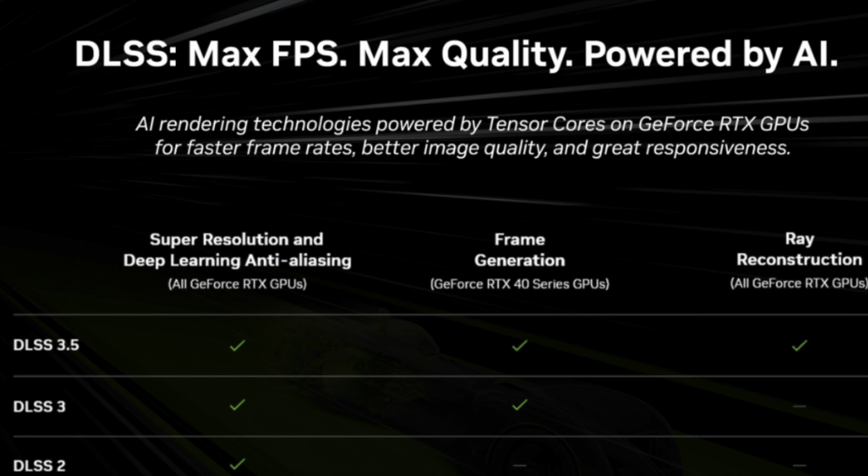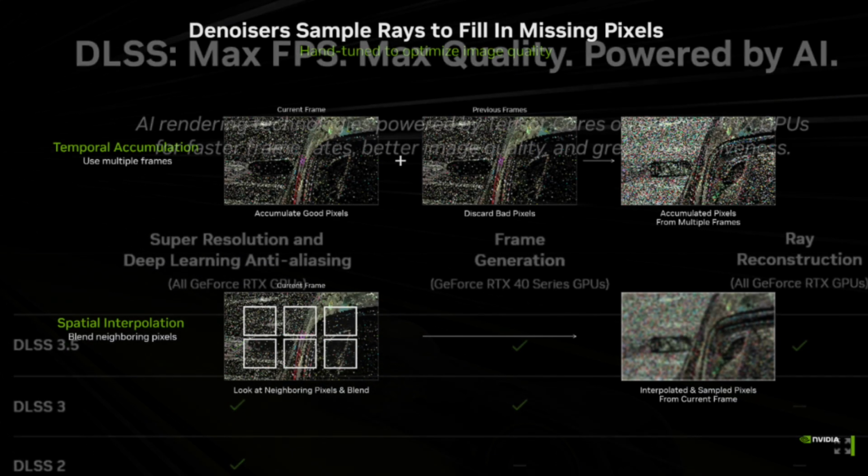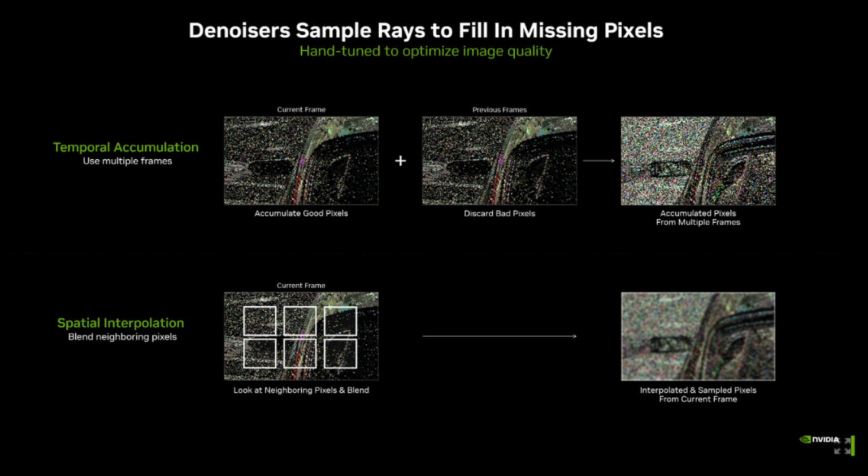So now with DLSS 3.5, we have the introduction of reconstruction, which is really a better denoiser for ray tracing. That's a better ray tracing denoiser. This one at least is more of a super resolution technology. It seems more like the original DLSS, in that the idea is to have a smaller number of rays, but then reconstruct it into a more detailed image with better denoising.